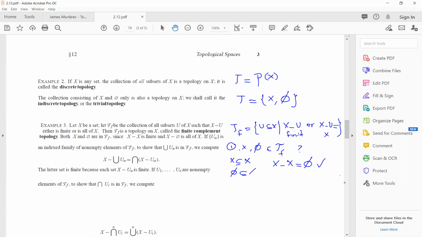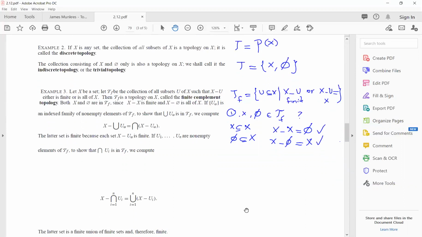Empty set is a subset of X. Now X minus empty set. X minus empty set is equal to X itself. And we can actually see it satisfies the second condition here. So both of them are members of this collection.